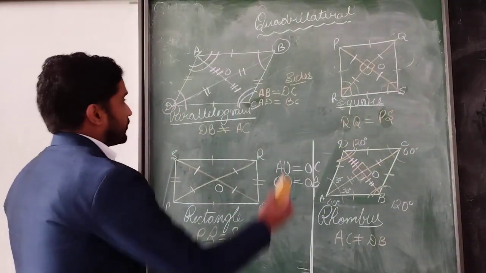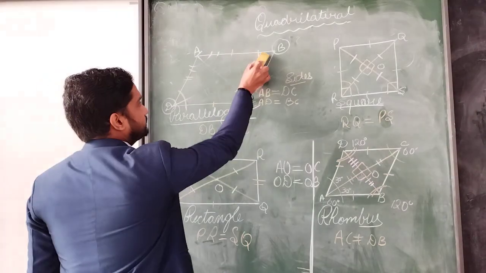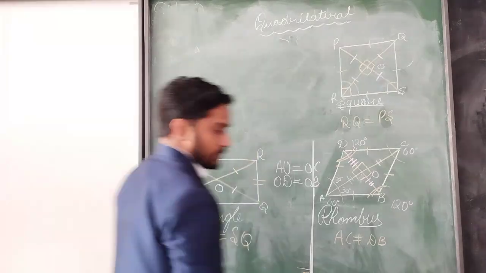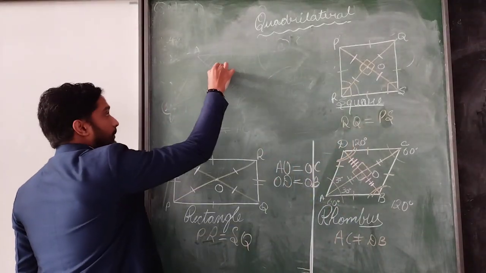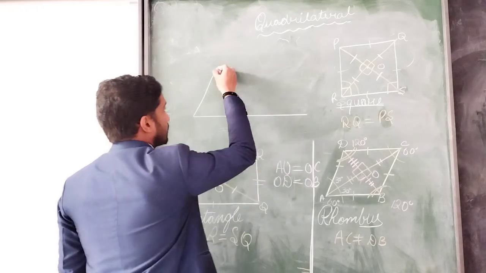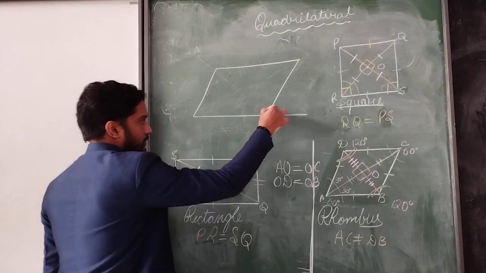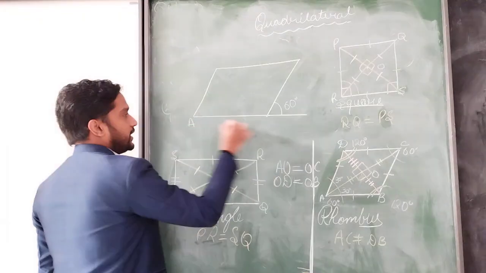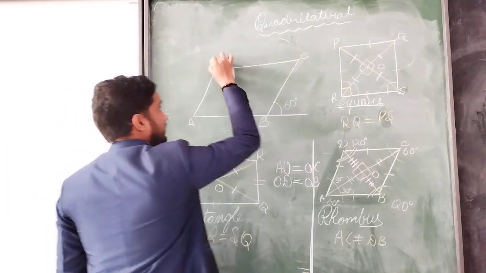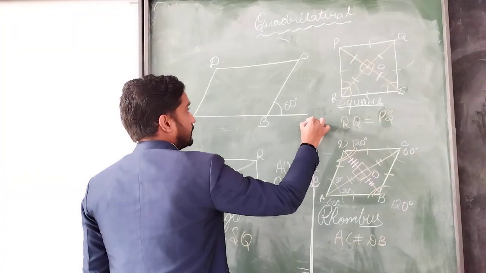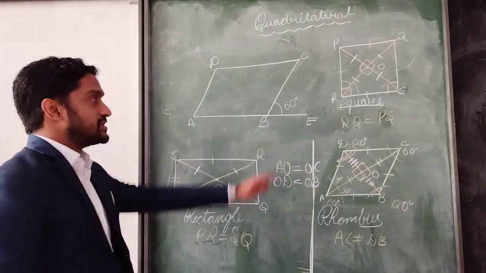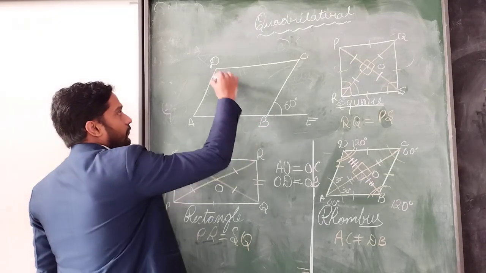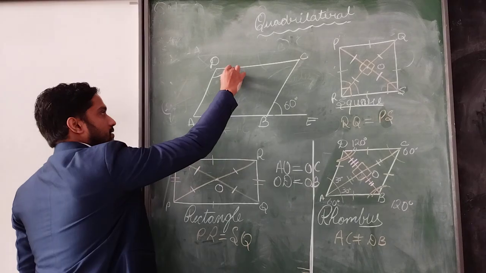Suppose I am taking an example of a parallelogram ABCD, where the exterior angle is given to you as 60 degrees, and they ask you to find the angle x.